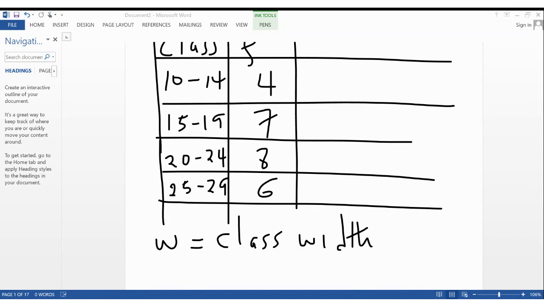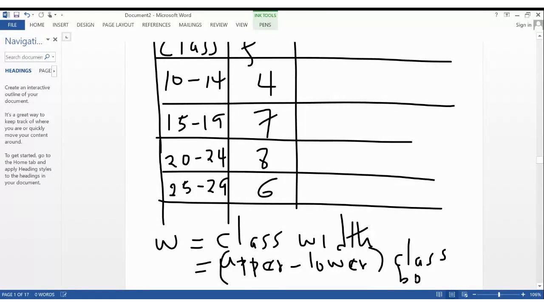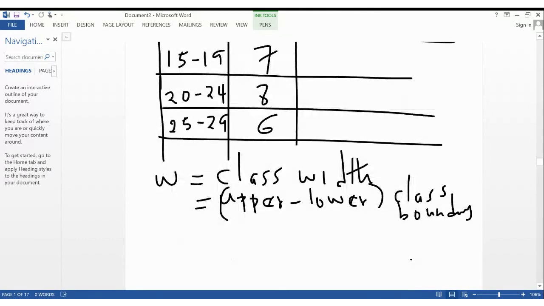Okay. So it is given by the upper class boundary minus the lower class boundary. We can take any class, but it is advisable to take a class that is in between.